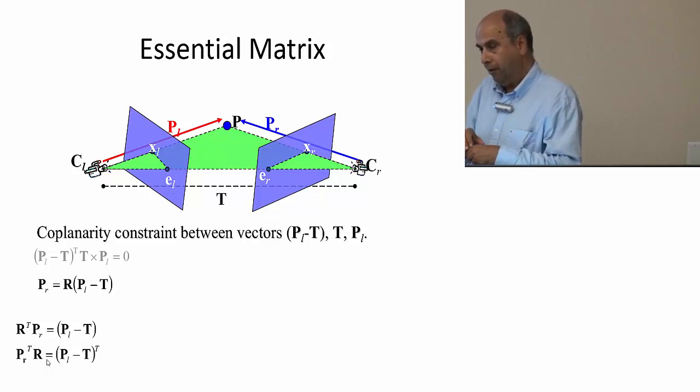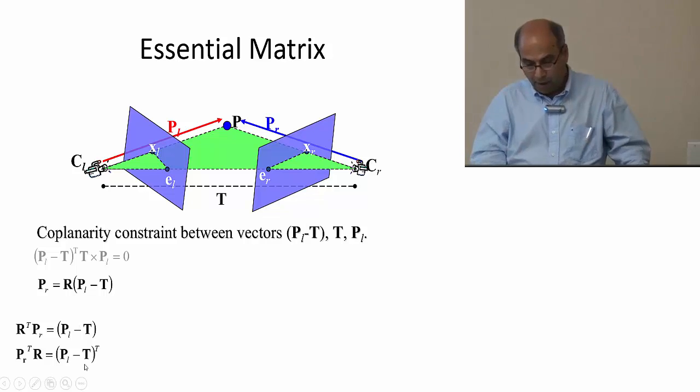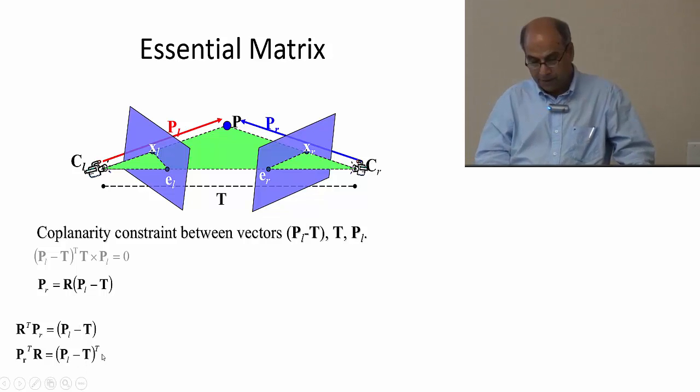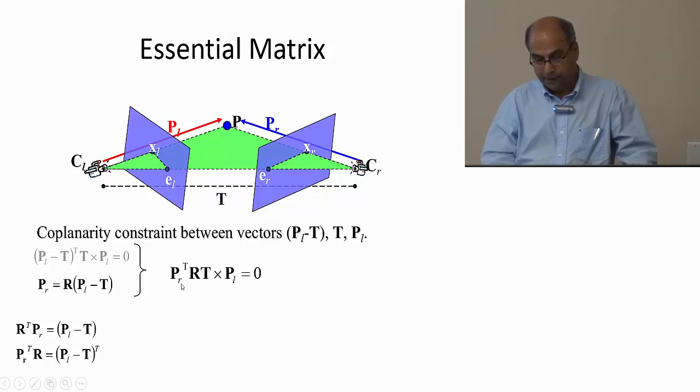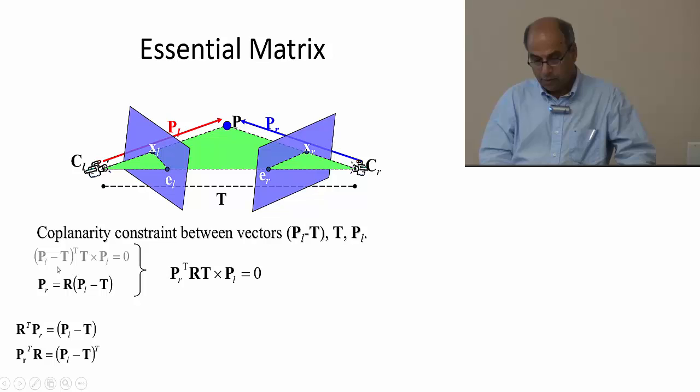They change the order, and you can verify that. So now we got that PL minus T transpose is given by PR transpose R, which we can use here to simplify further. Instead of this, we get it from here because this is equal to that.